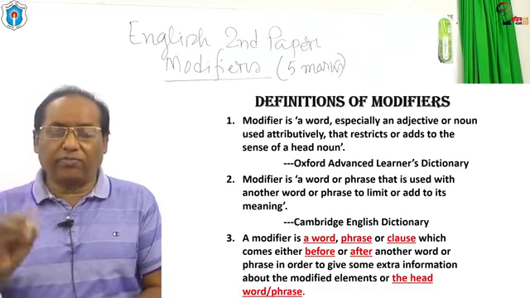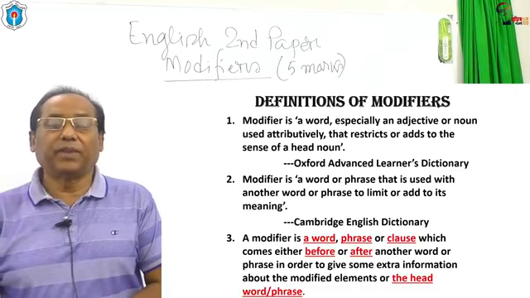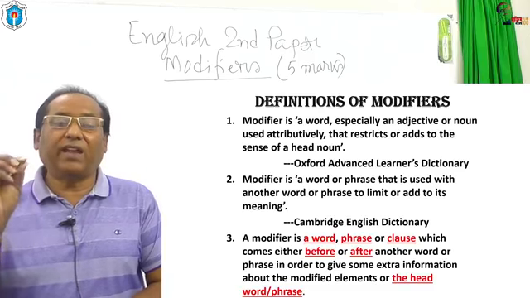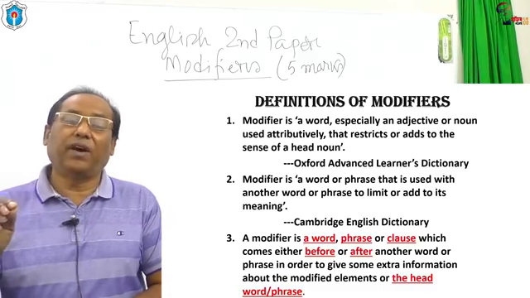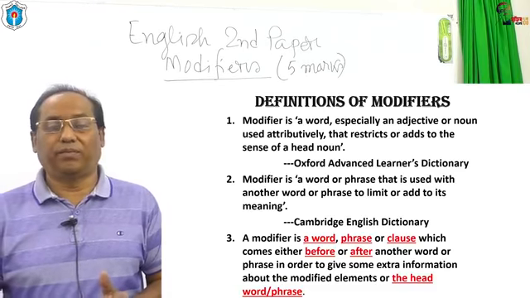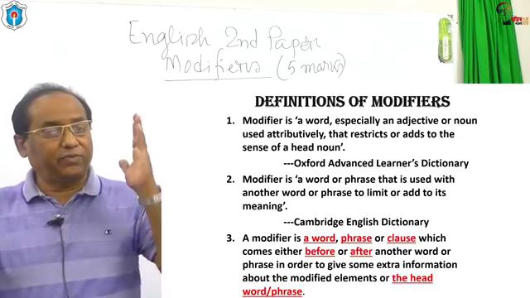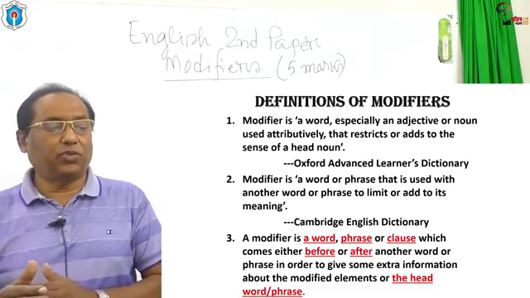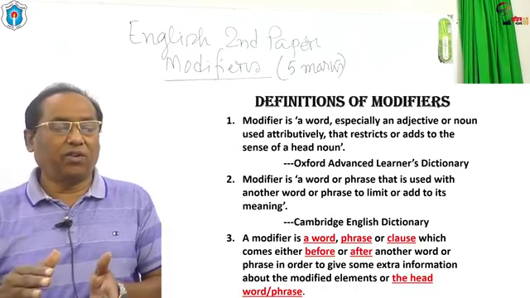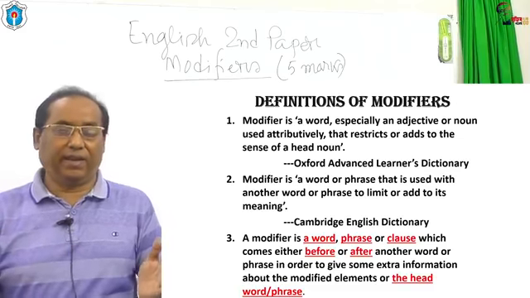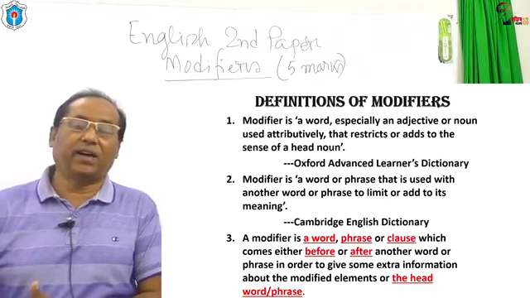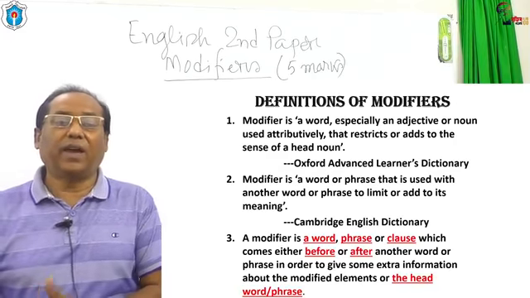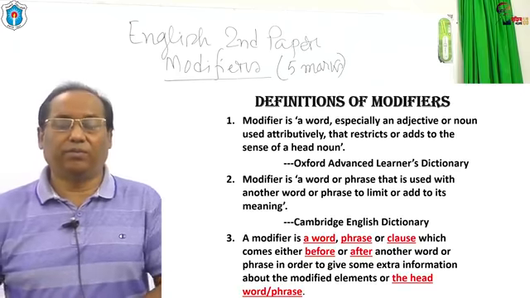According to this definition, modifier is an adjective or a noun, okay, and its function is to restrict or add some meaning to another word, another noun.